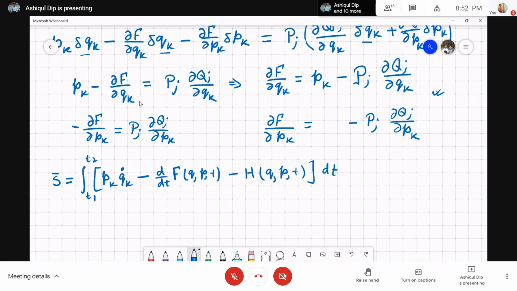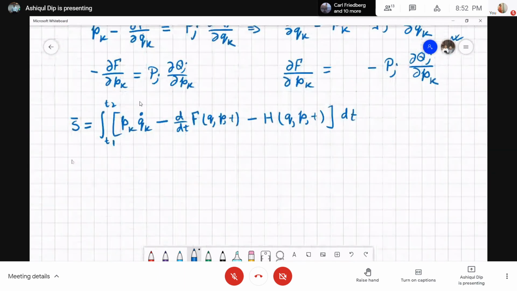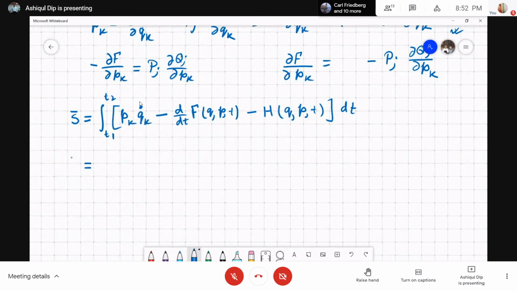So take this time derivative explicitly and write down what you get. Take the derivative. What do you get? Derivative of the f term, right? d/dt of f. So what is that?